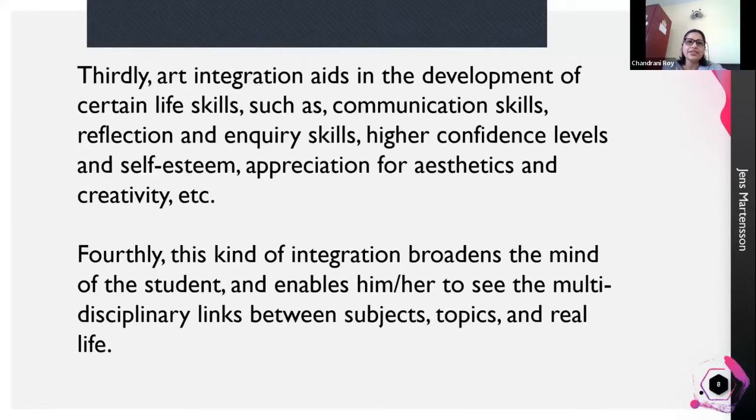Thirdly, art integration aids in the development of certain life skills. And that is what we are aiming for. We would like our children not only to acquire academic skills, we would also wish for them to acquire life skills, which are very important. And the focus of learning is gradually to move from the rote learning method to the 21st century learning skills.